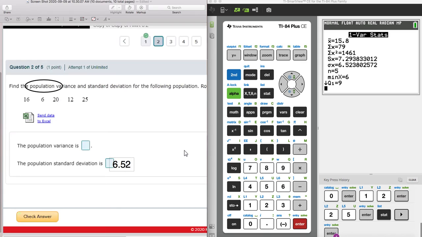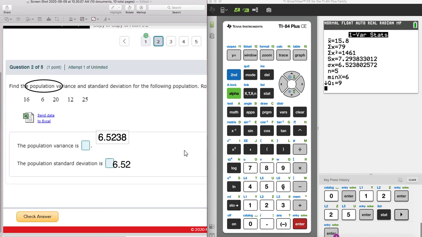6.52. And then we're going to jot down somewhere on the side, anywhere that's convenient, 6.5238.